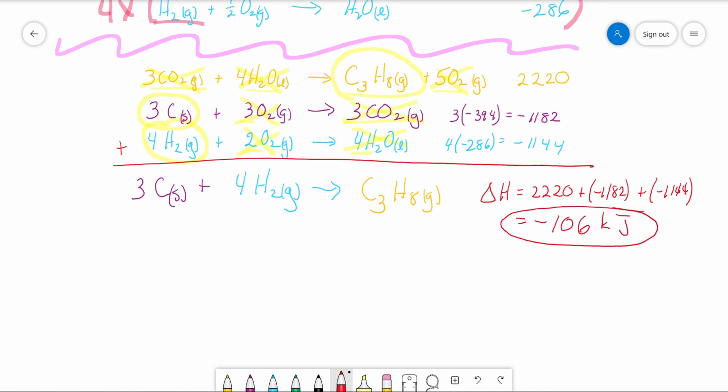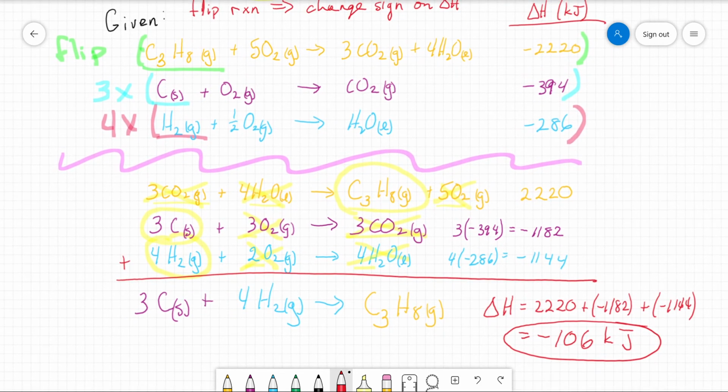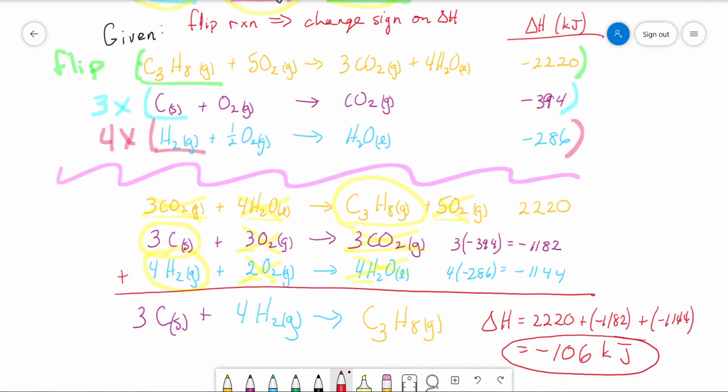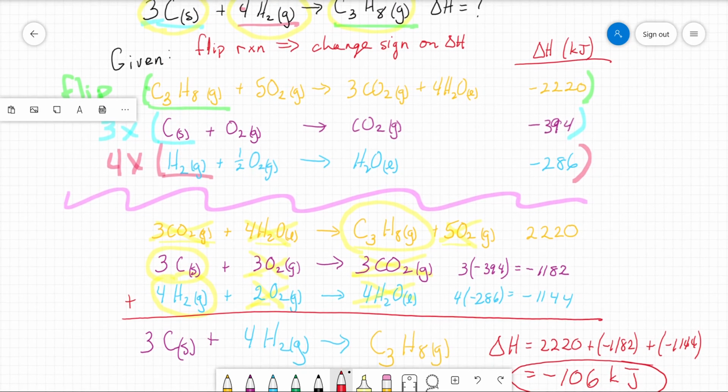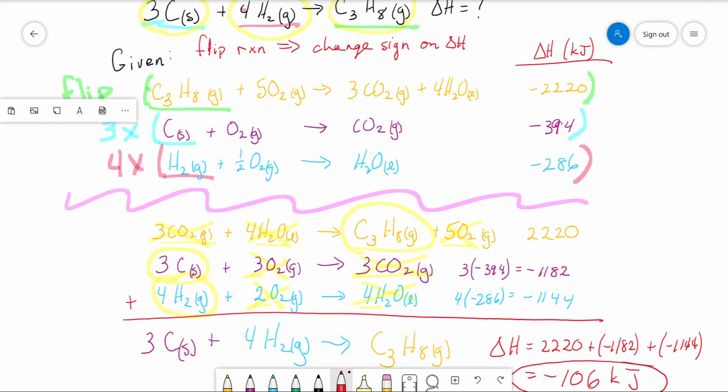So given those 3 equations, we are able to calculate the delta H for our original equation, which I'm sure you are all dying to do. Anyway, that's a Hess's law problem.